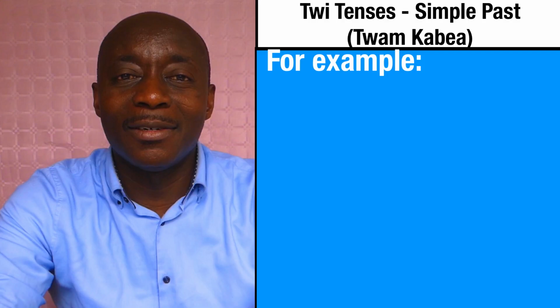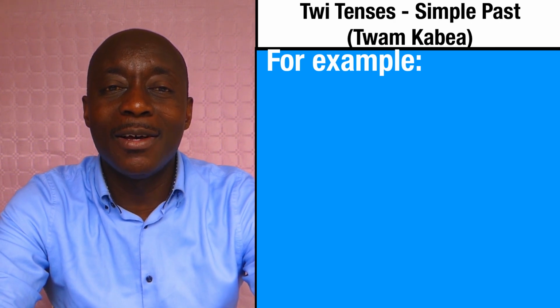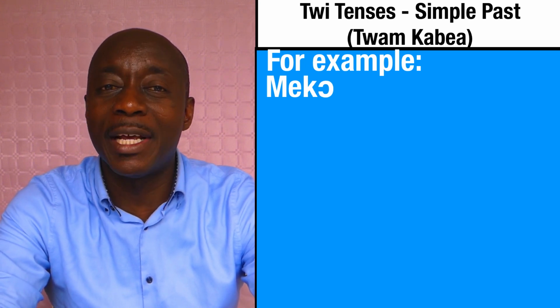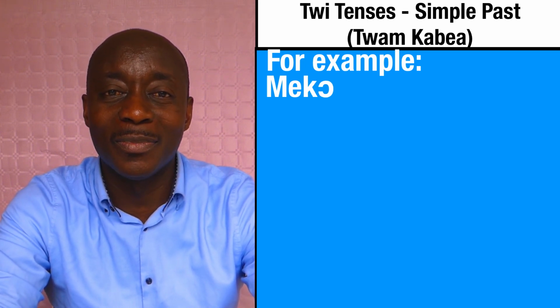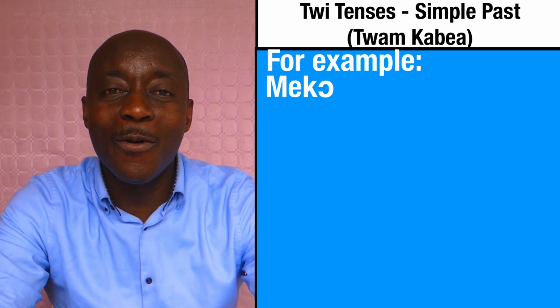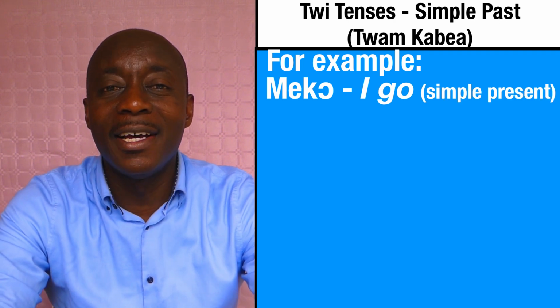In the previous lesson, we learned that, for example, if you want to make a statement in simple present, all that you needed to do was to write the pronoun and then add the verb to it. And that was all. So we made a phrase like meko, which means I go. Good.